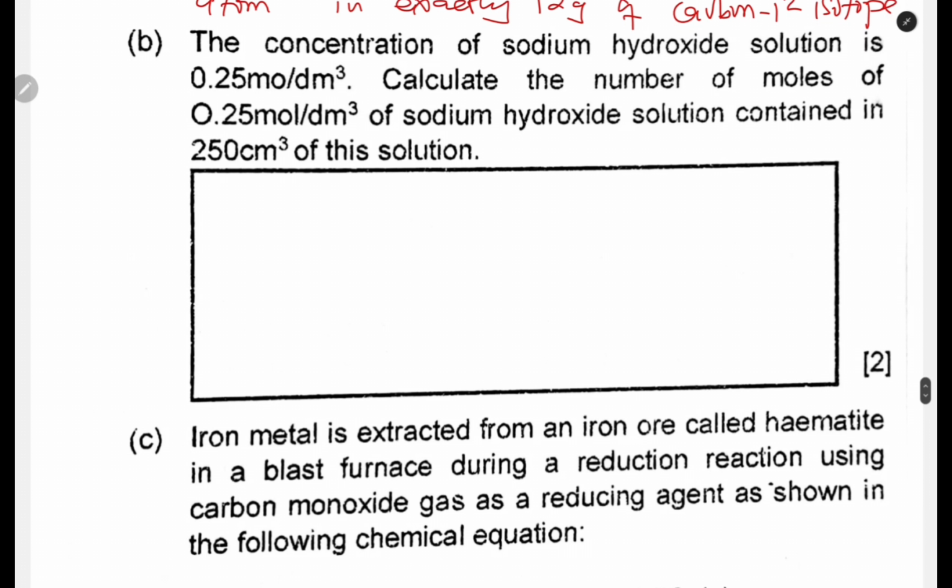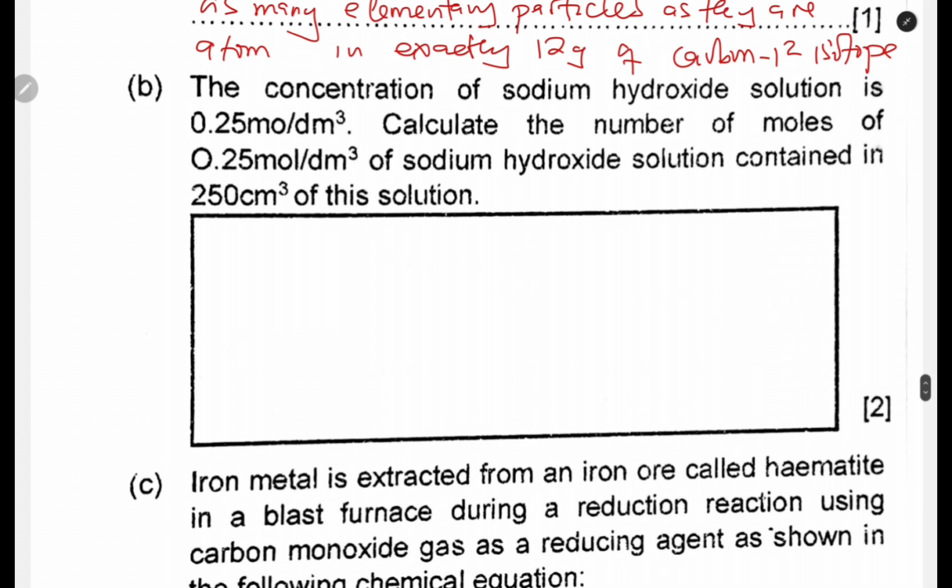Then the concentration of sodium hydroxide solution is 0.25 mole per decimeter cubed. Calculate the number of moles of sodium hydroxide contained in 250 cubic centimeters of the solution. So number of moles equals concentration multiplied by volume.